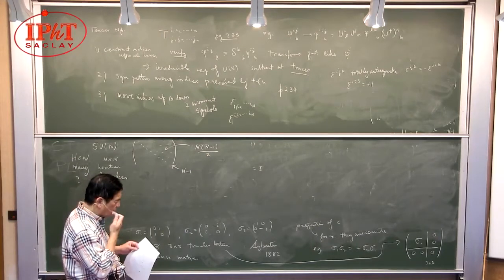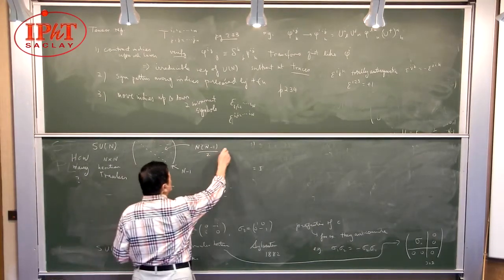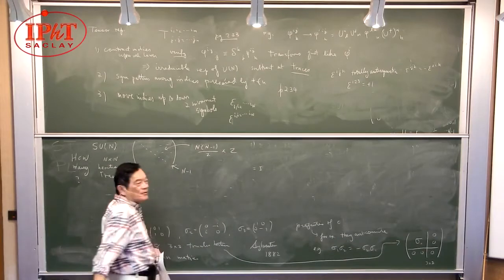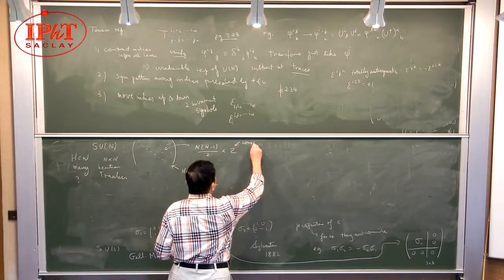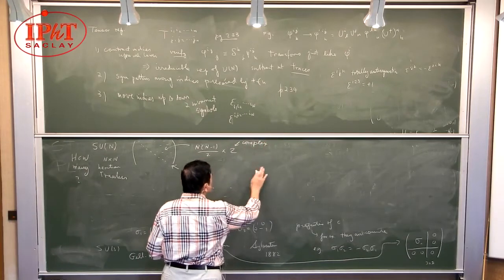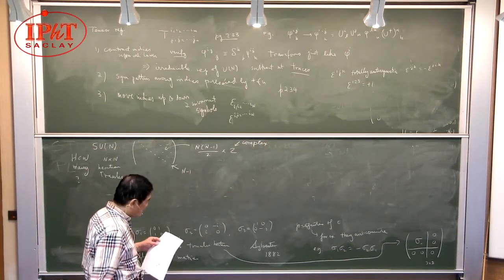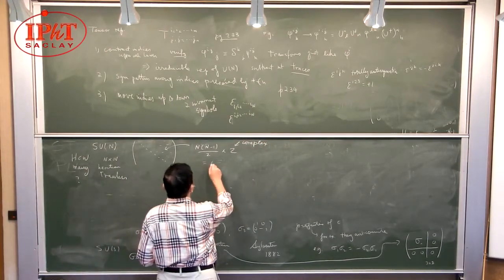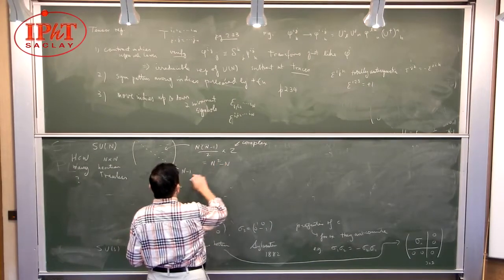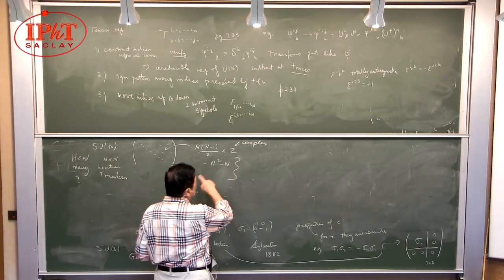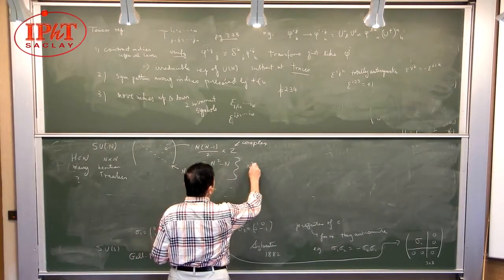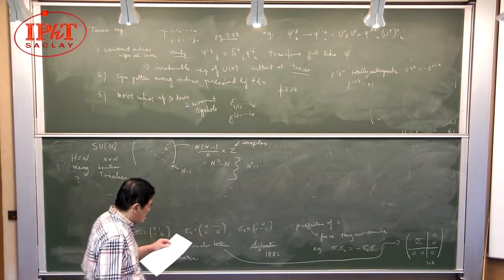But we must remember to multiply by 2 because these entries are complex numbers, and each complex number has 2 real degrees of freedom. So this is n squared minus n. Altogether, you add these two and you find that there are n squared minus 1 such matrices.